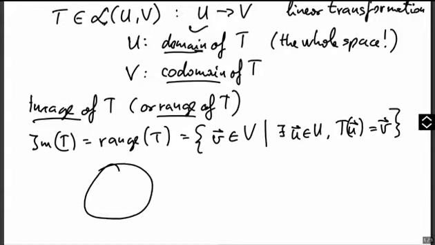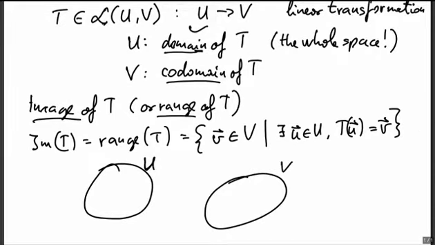So the picture is that we have this U vector space and another vector space V. T goes in between them. Every element of U can be used for the transformation because the whole U is a domain, but V is not always the whole image.